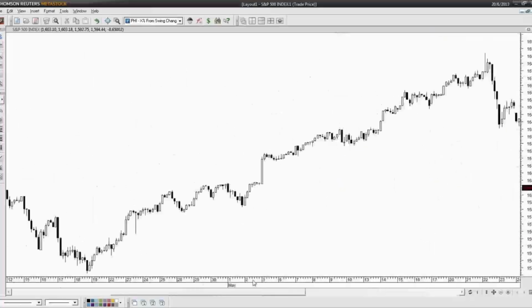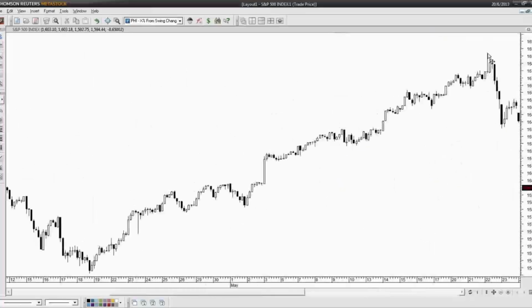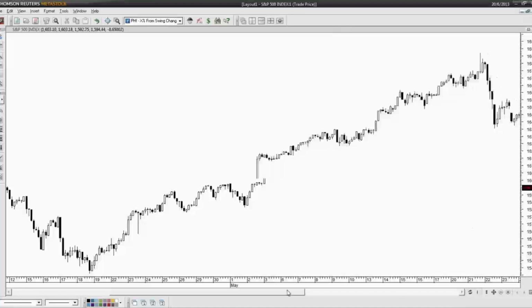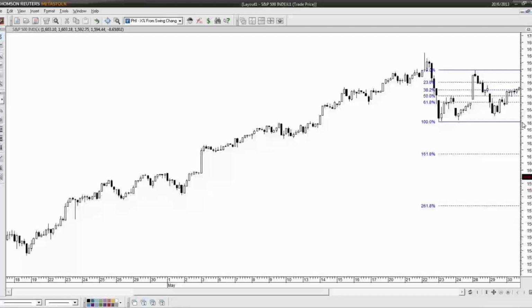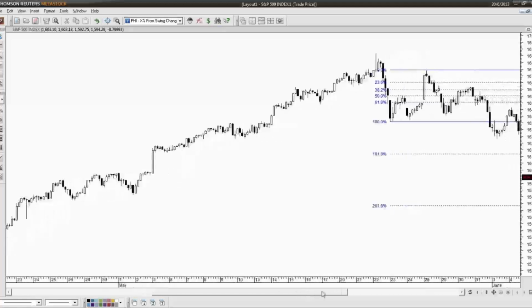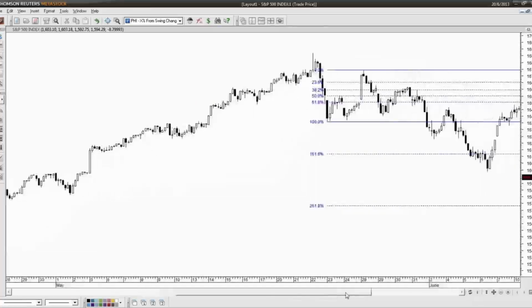When the market was going up, comes down, then starts going up, fails to go higher, so you say, okay, once the market breaks this level here, I'm going to short at 1635, I'm going to put a stop loss at 1675, and these are my targets. Target 1 reached.